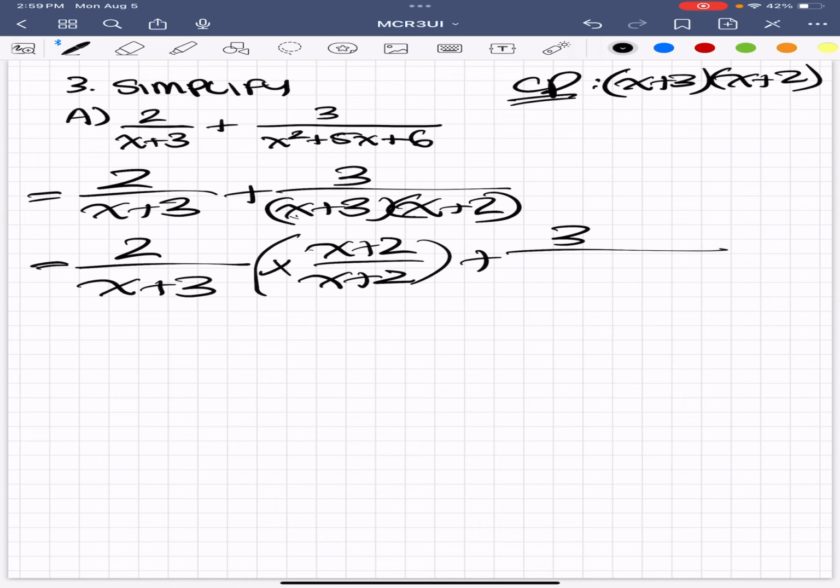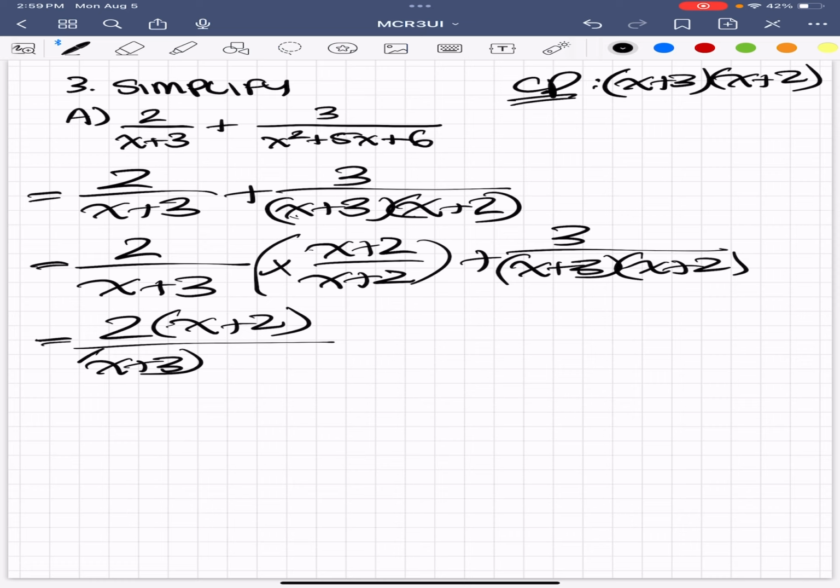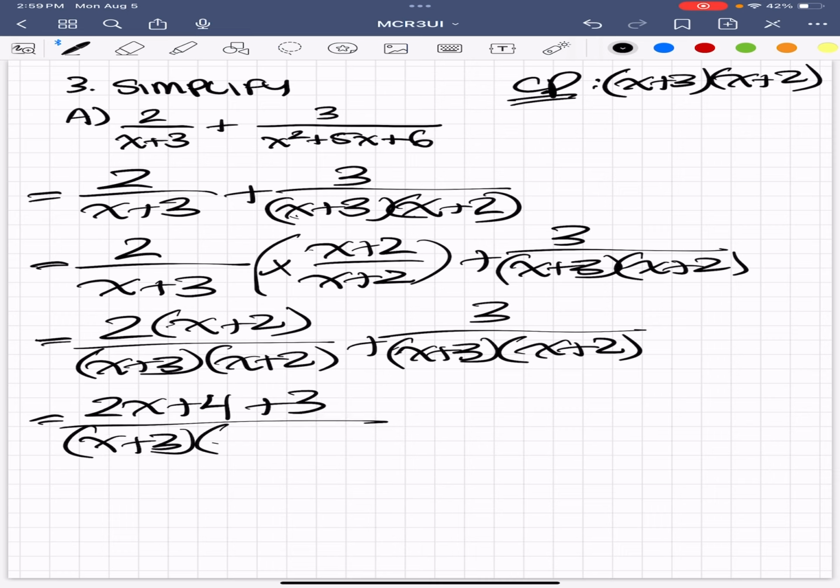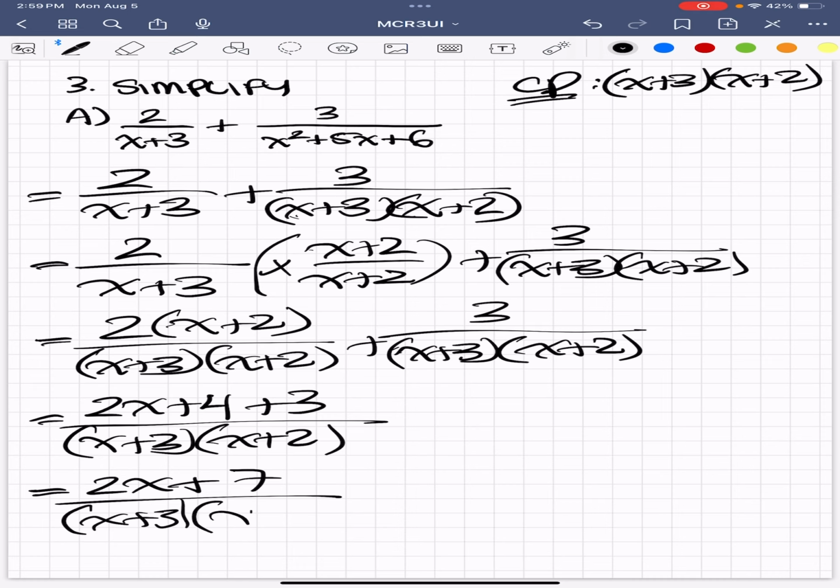And then we're left with 2x plus 7, and on the bottom it's x plus 3, x plus 2.